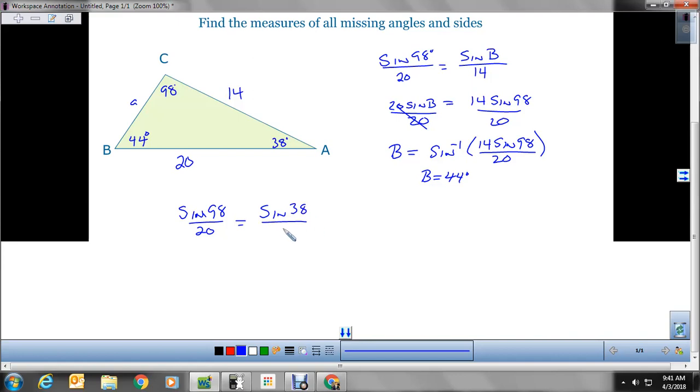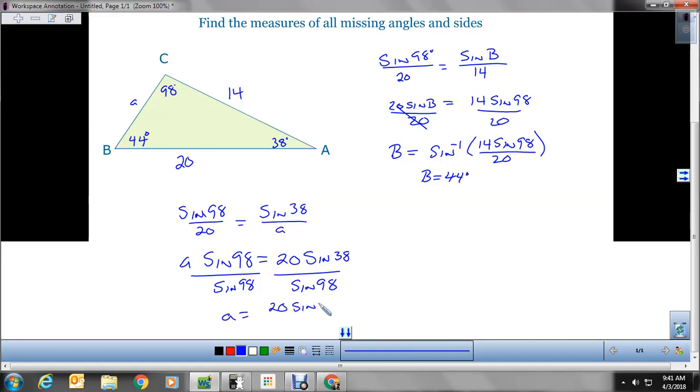So we put it over side A. Cross multiply. A times the sine of 98 is equal to 20 times the sine of 38. Divide by the sine of 98. And so A is equal to 20 times the sine of 38 divided by the sine of 98.